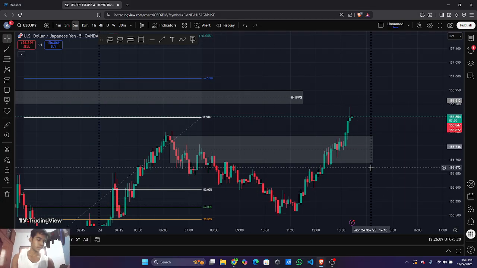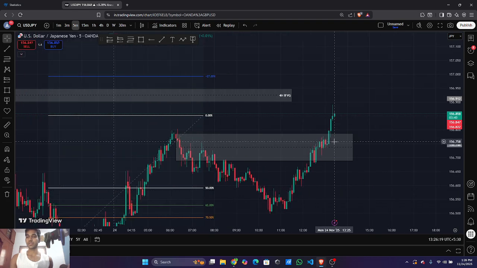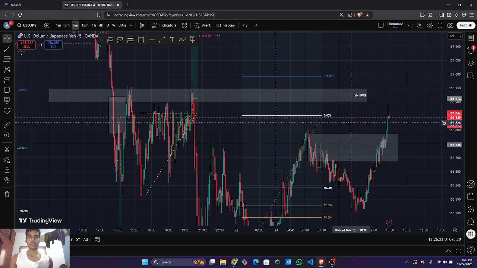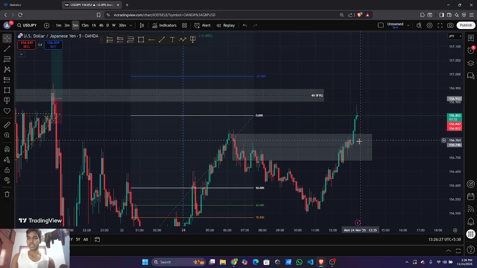JPY is really good for buys, but it's hard to figure out the point where I should enter. This is a very steep move. It can continue. That is one problem, but we'll leave it if it continues. Otherwise, in this zone we need a 15-minute order block plus a 1-minute break of structure.